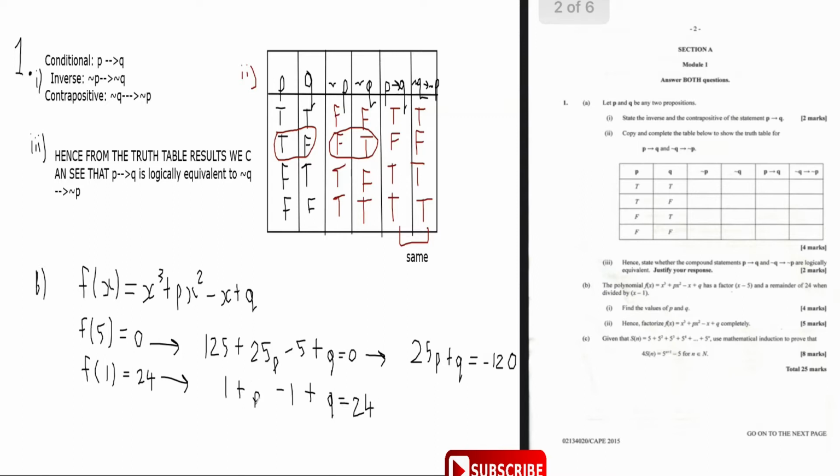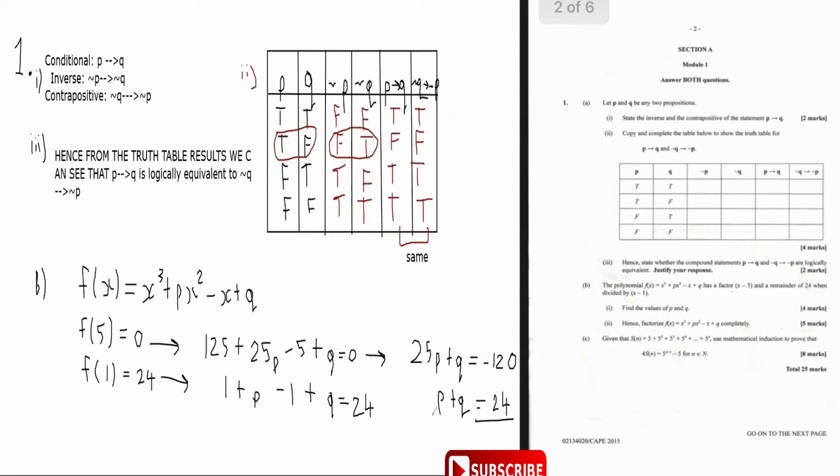But then you have to remember that 1 minus 1 cancel each other. And so this equation is just telling us that p plus q is 24.